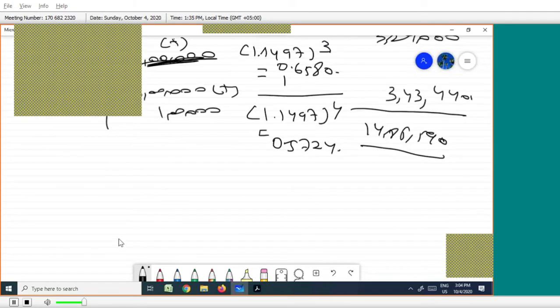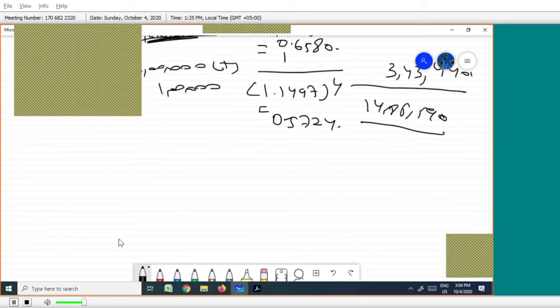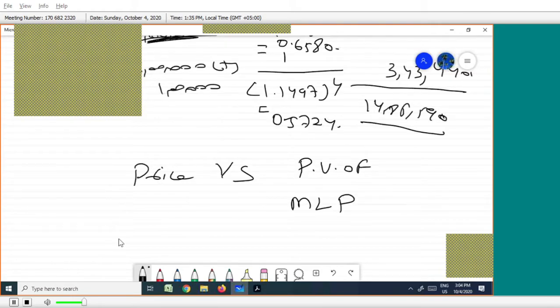Now you have to compare the price versus the present value of the lease payments.